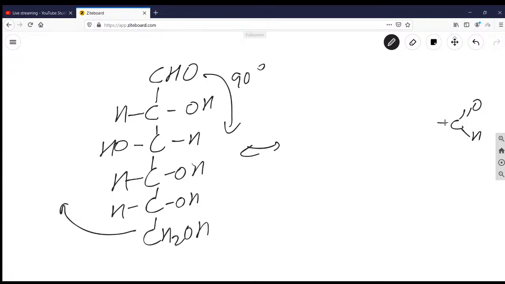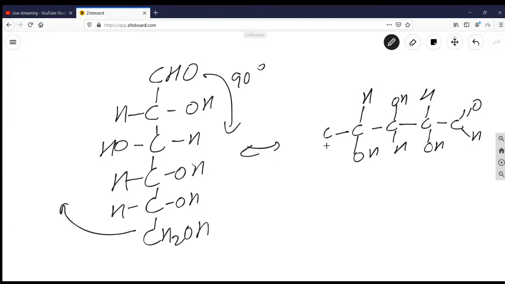First carbon is CHO. Second carbon, H is now downward, then upward, downward, upward. Third, fourth carbon downward, fifth carbon downward. Now the sixth carbon is CH2OH.